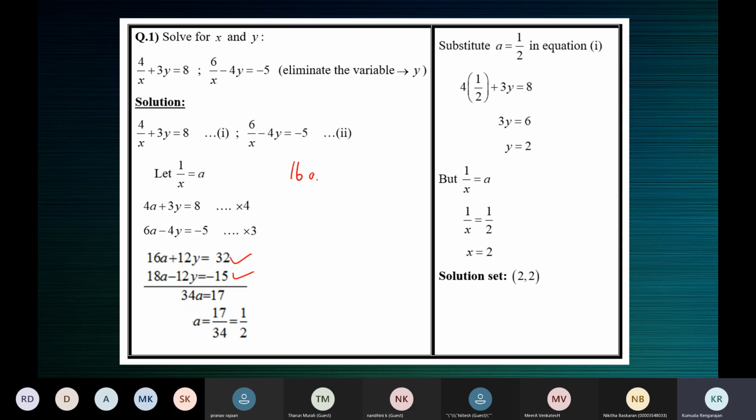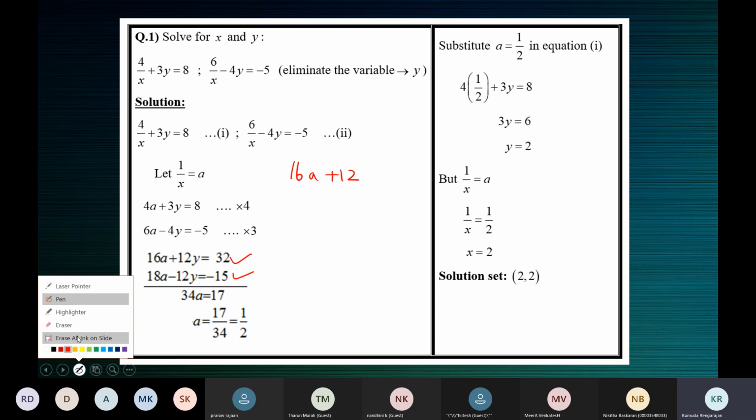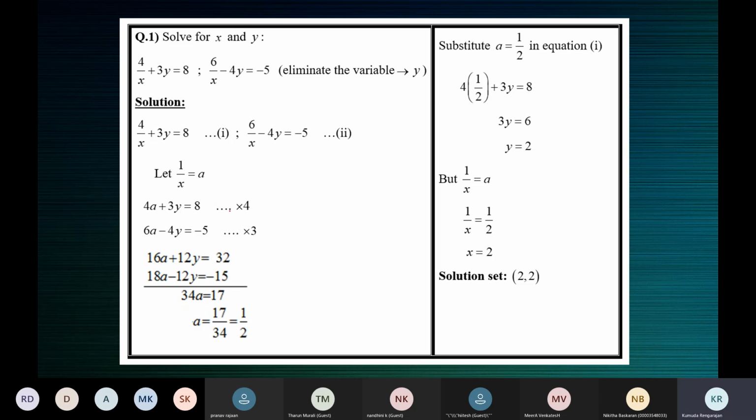We had 16a plus 12y because in the elimination method we multiplied by 4 and 3. Otherwise, these are the two equations: 4a plus 3y is equal to 8, and 6a minus 4y is equal to minus 5.